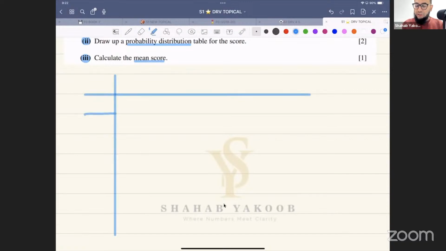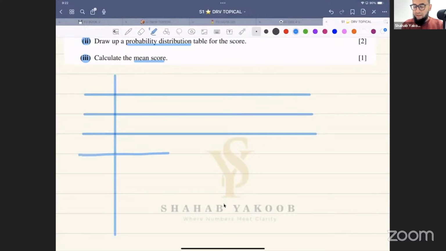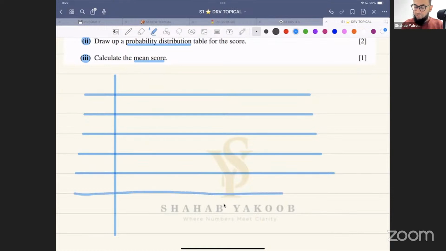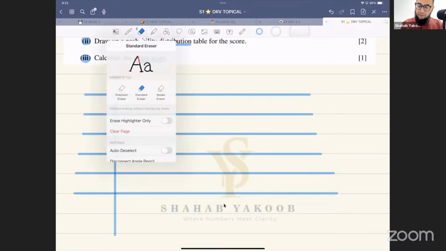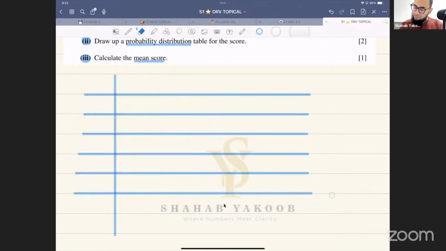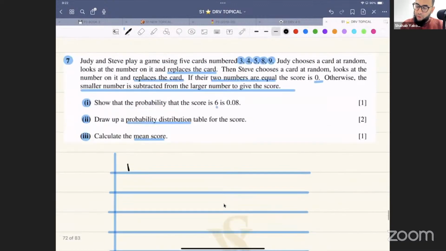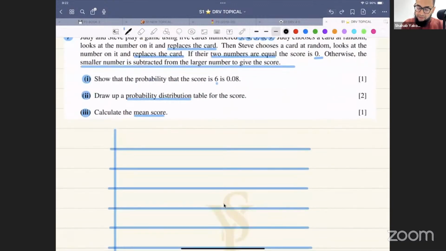So if I draw a sample space diagram, let me draw all these lines and I'll erase the extra ones. So 1, 2, 3, 4, let me draw one more. Let me cancel it out. Okay, so let me write over here, sorry, it's not 1, it's 3, 4, 5, 8, 9. So this is 3, 4, 5, 8 and 9.